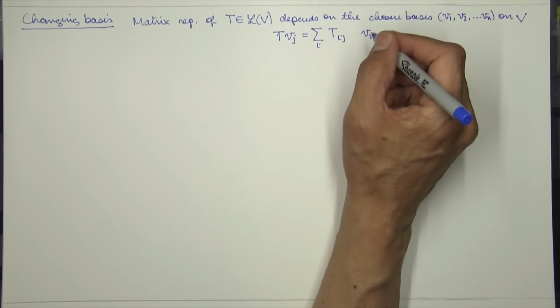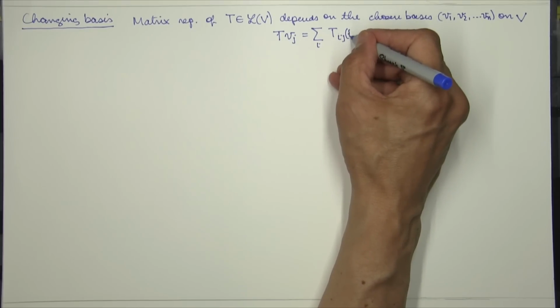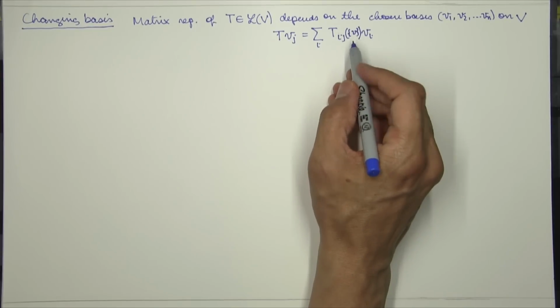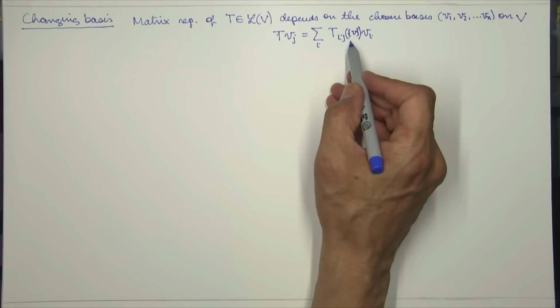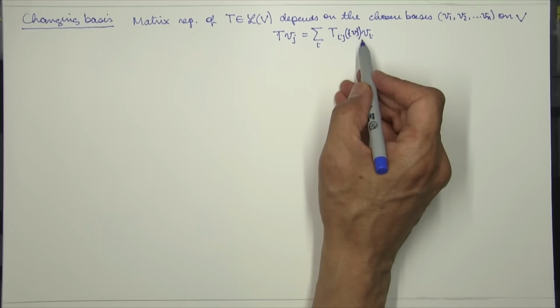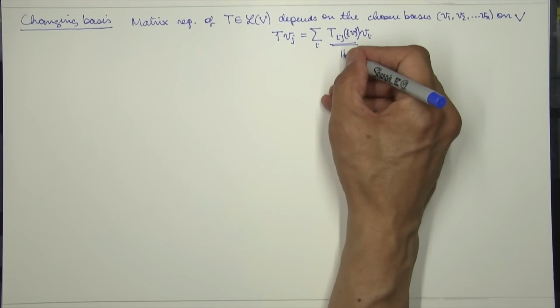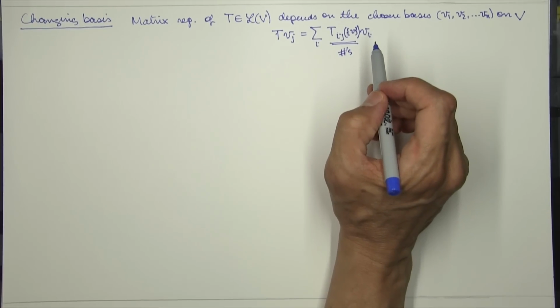And now that I want to emphasize the basis dependence, I put Tij of V, because this result, these numbers, depends on the fact that we've chosen the vectors V as our basis. So these are numbers that depend on the basis V.